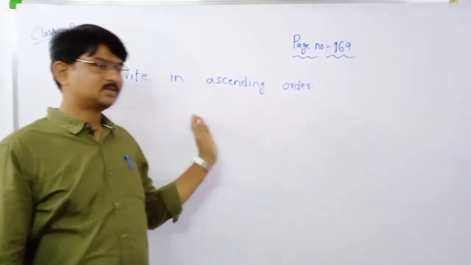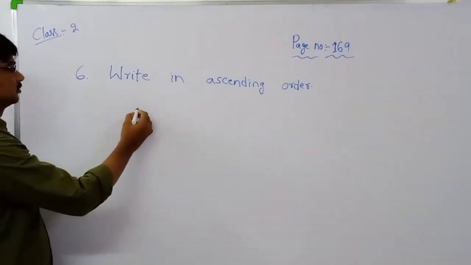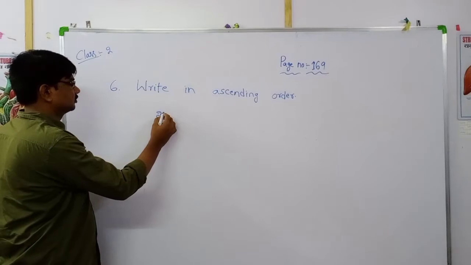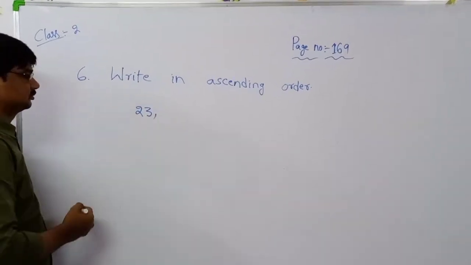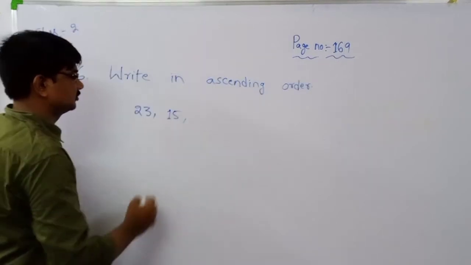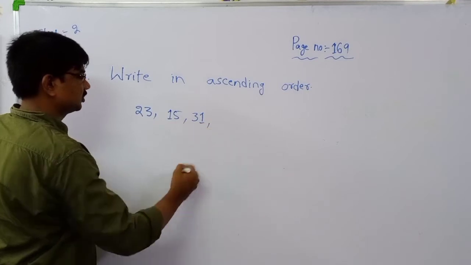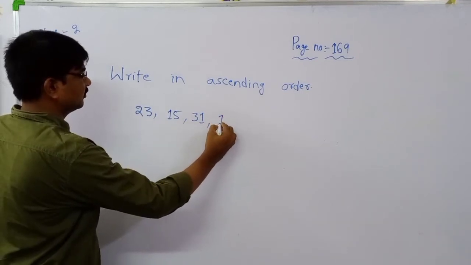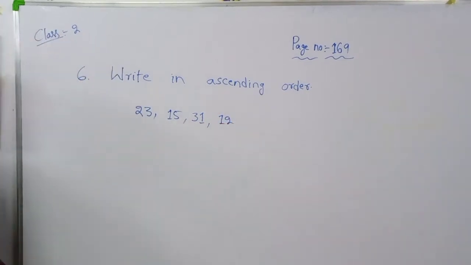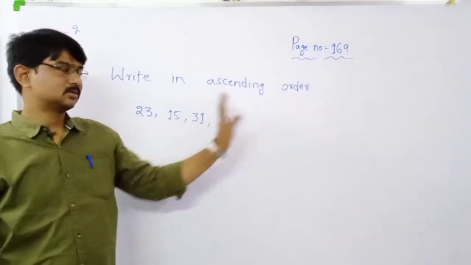Let us see some examples here. 23, 15, 31, 12. Write in ascending order.